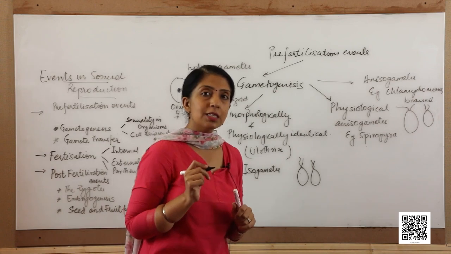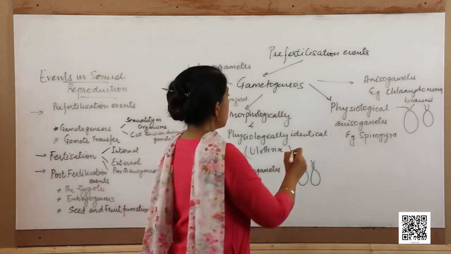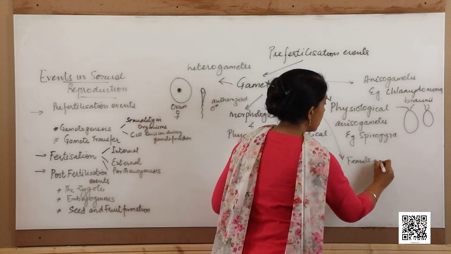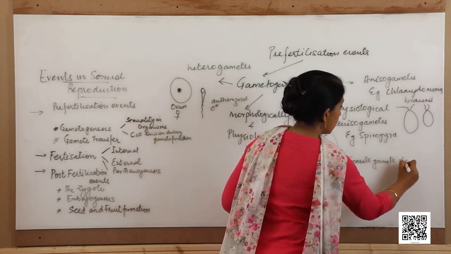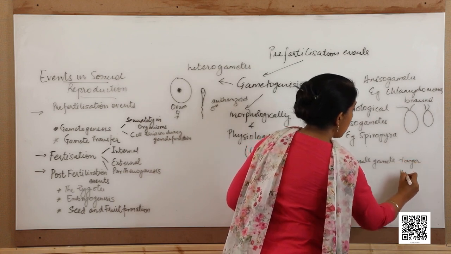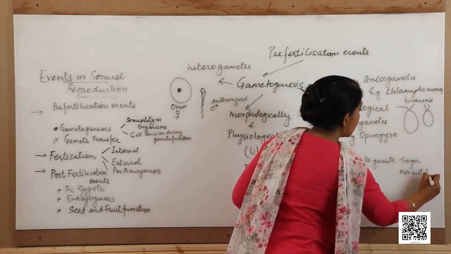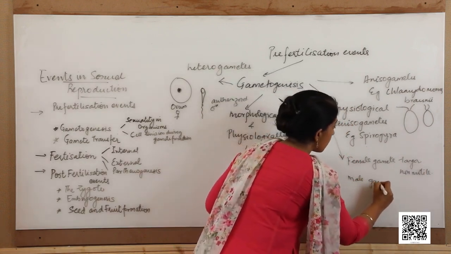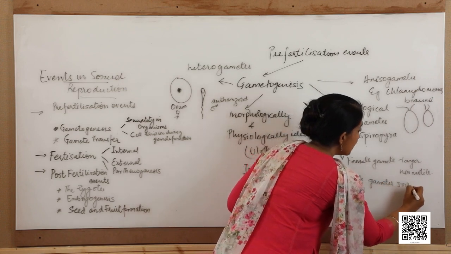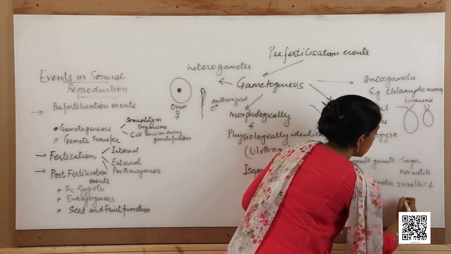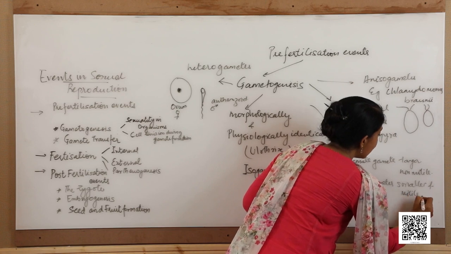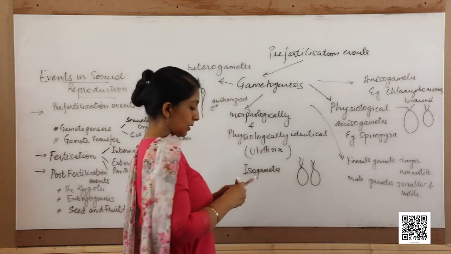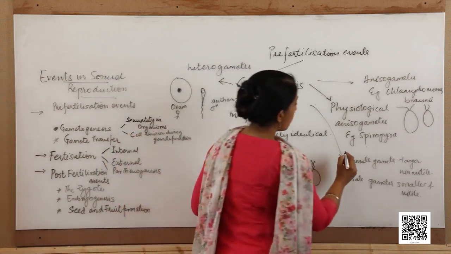Now, in individuals like human beings where the female gamete is larger in size and non-motile, and the male gamete is smaller in size and motile, those kinds of gametes are called oogametes.